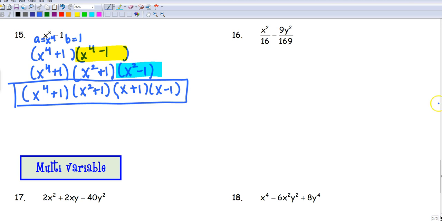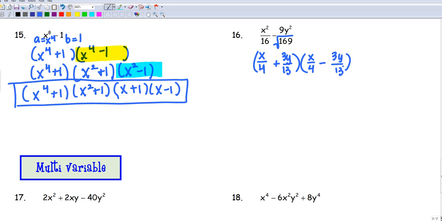All right, last difference of squares problem, and it has fractions, so I know you're excited. Basically, as long as you have perfect squares and you have a minus sign, you can do difference of squares no matter how crazy it looks. You have a plus, you have a minus. Here, your a value would be x over 4, and your b value would be 3y over 13, since the square root of 169 is 13.